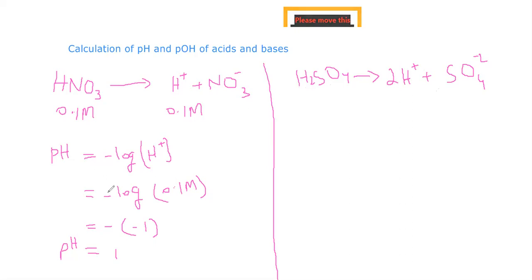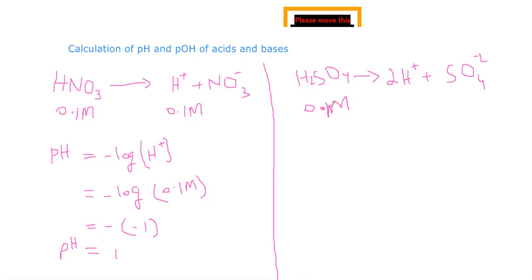This particular formula is for strong acids and bases to directly calculate the pH. Let's suppose this sulfuric acid also has a concentration of 0.1 molar.